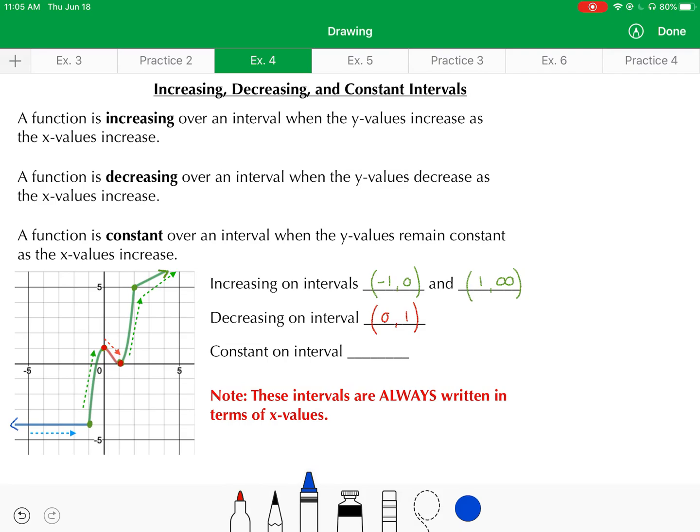That would mean we're constant from -infinity all the way up to right here, which would be -1 as an x value. Notice on each of these intervals, doesn't matter if I'm increasing, decreasing, or constant, I'm just using parentheses to open and close the intervals. I don't use brackets.